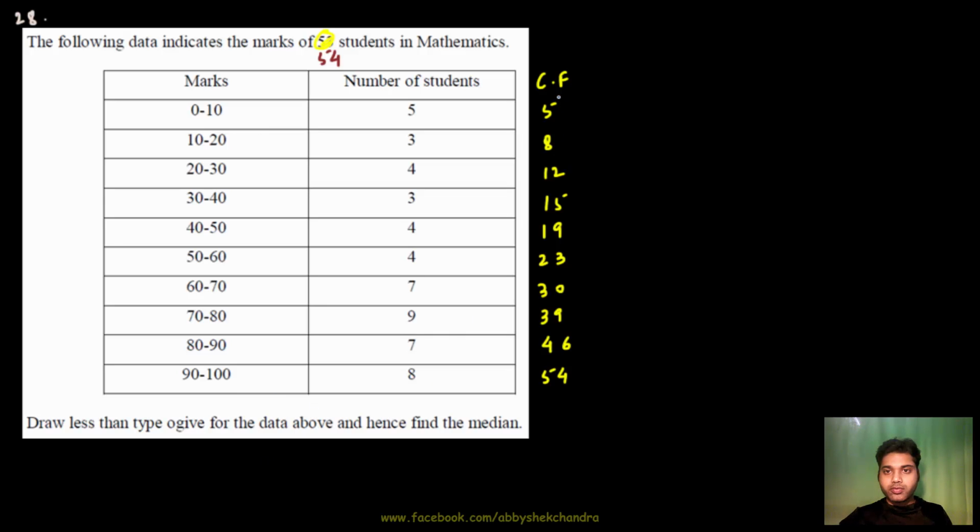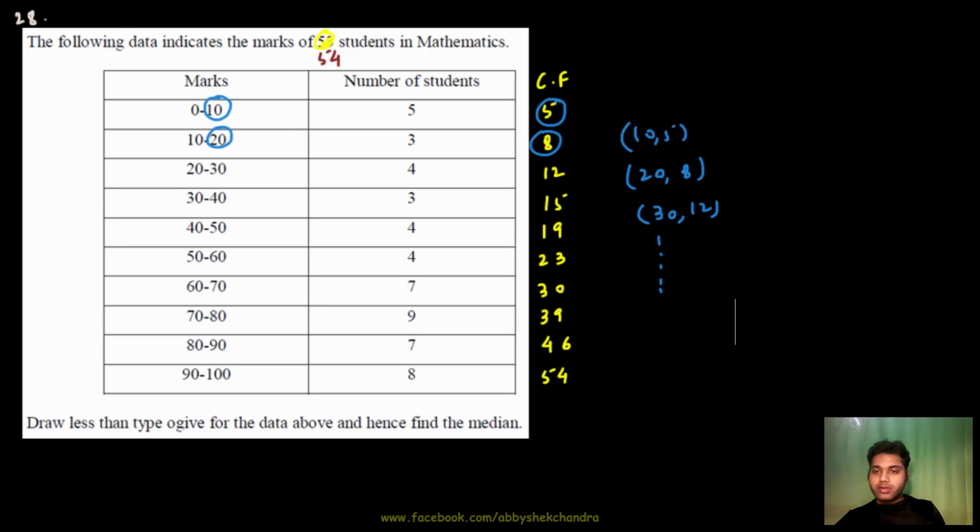Okay, now we have the cumulative frequencies. Now to draw the less than type ogive, we need to plot the points 10, 5, 20, 8, 30, 12 and so on.